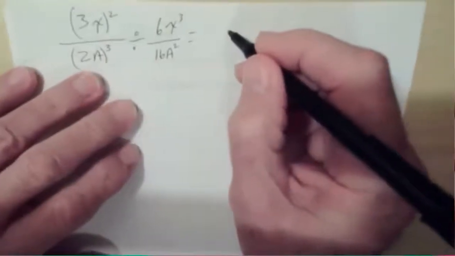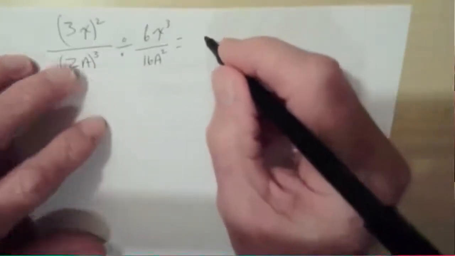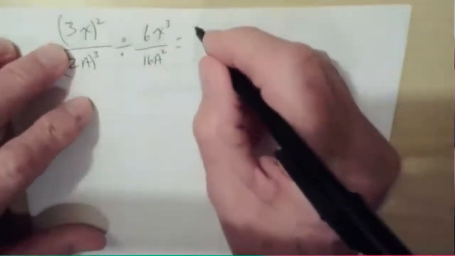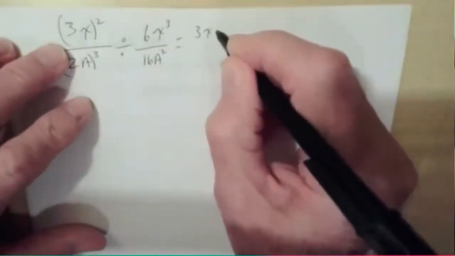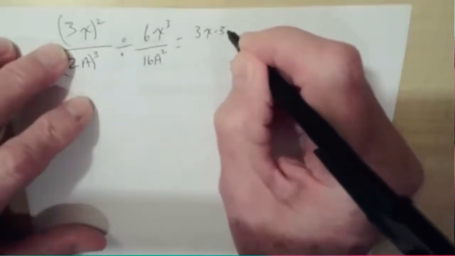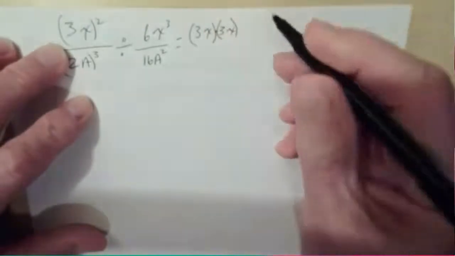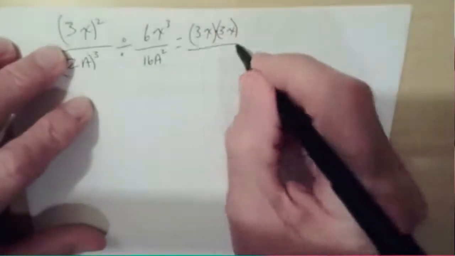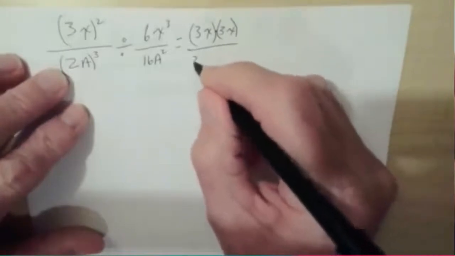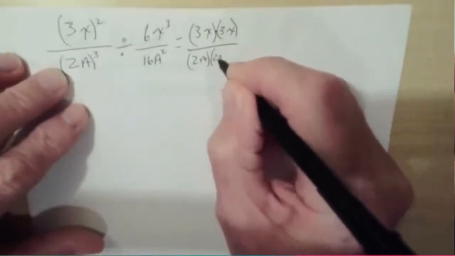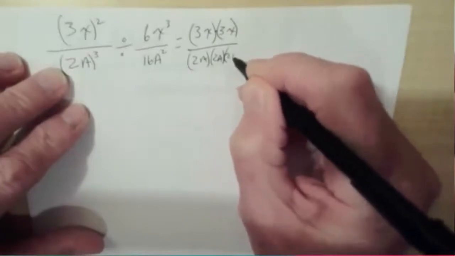We don't. We multiply by the reciprocal. So let's go ahead and expand this. 3x all squared means 3x times 3x. Let's put it in parentheses to maybe help us out a little bit. Over 2a times 2a times 2a, because it's cubed.